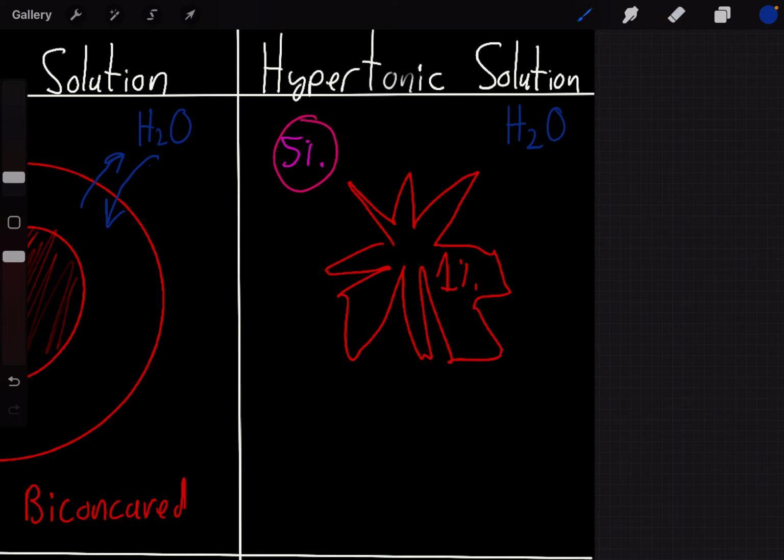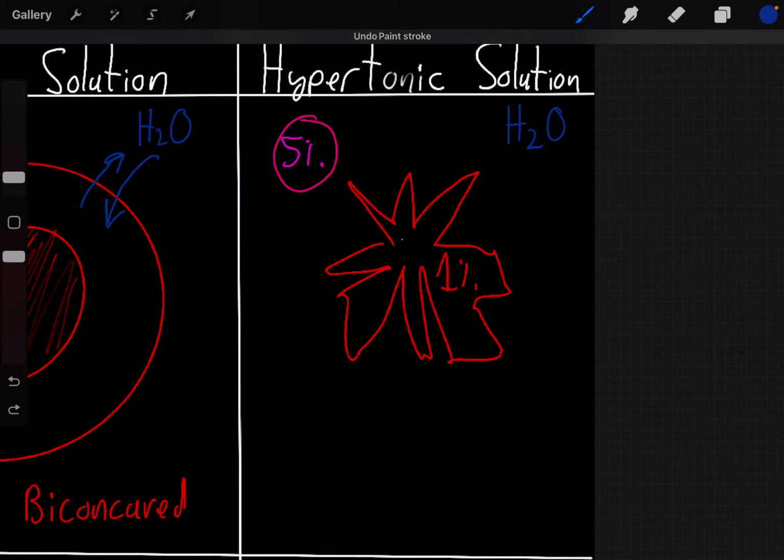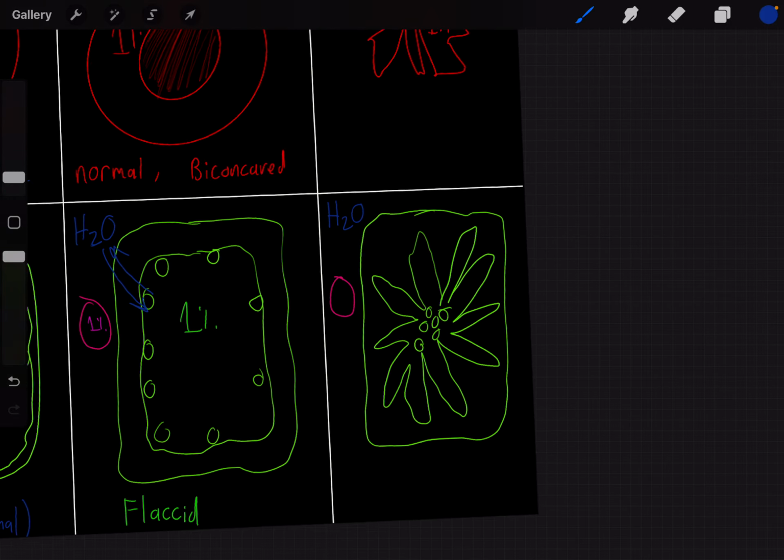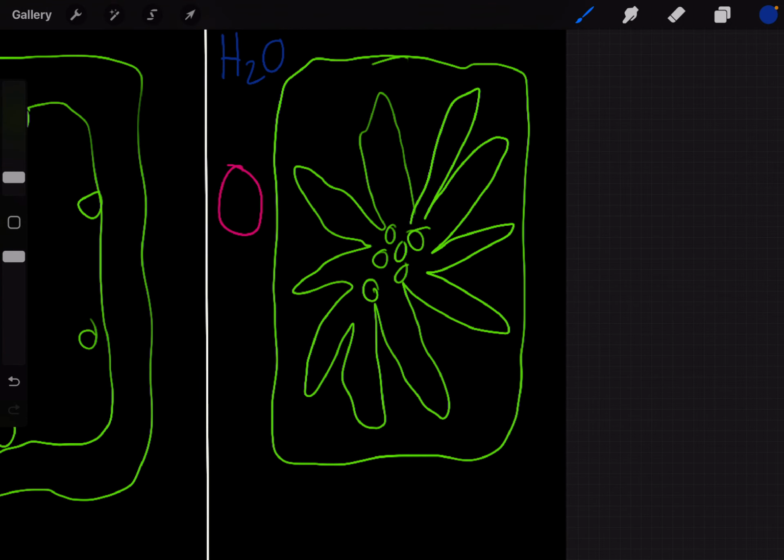So the cell will lose water and it goes outside. Same thing for a plant cell. It loses water. The plant cell has a 1% solution, but the hypertonic solution has 5%.